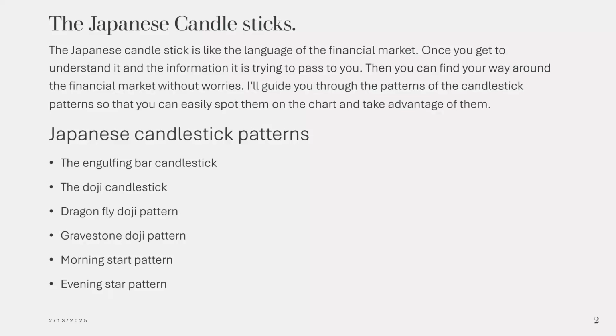We'll discuss candlesticks, trend lines, support and resistance, and then order blocks. These are the basic things a beginner should know. But first of all, let's start with candlesticks, because candlesticks are more like the language of the market for everybody.